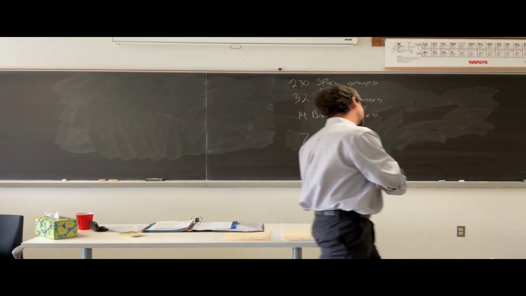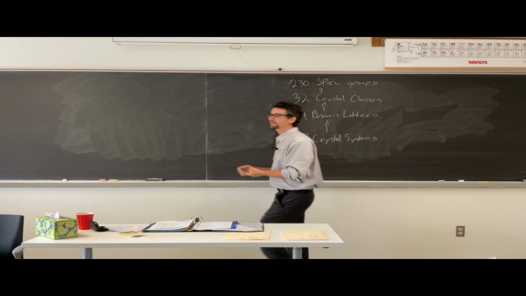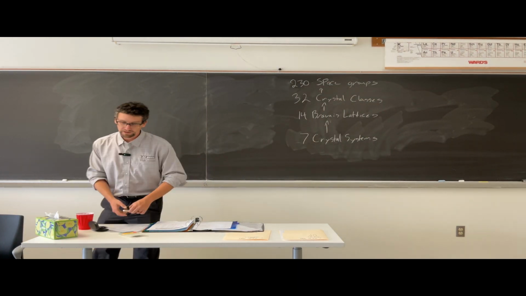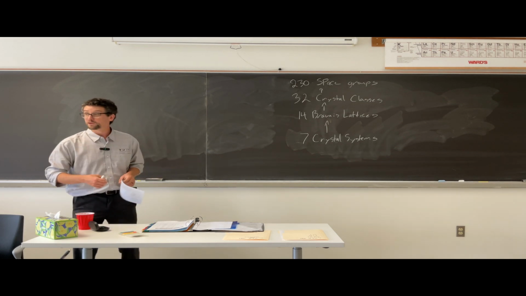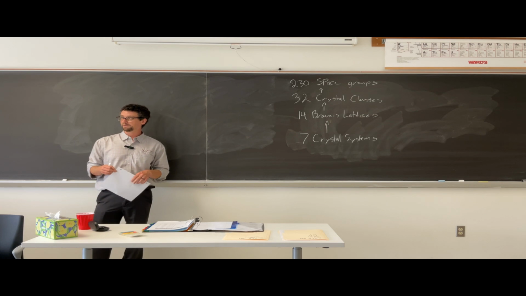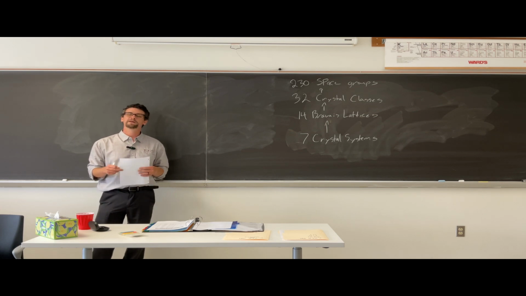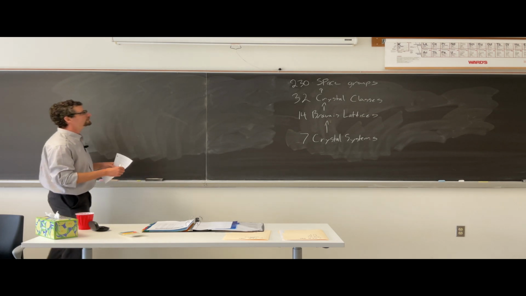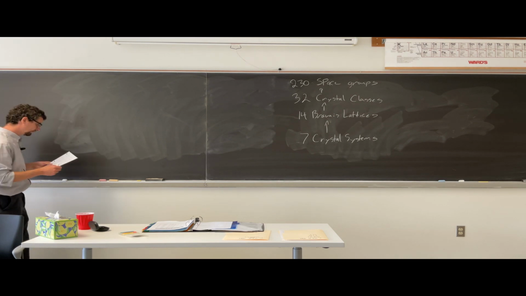Actually, there is a book you can buy associated with that. I don't think there's a need to. You can find it online. If you go into crystallography, you'll probably want to have those crystallographic tables, space group tables.